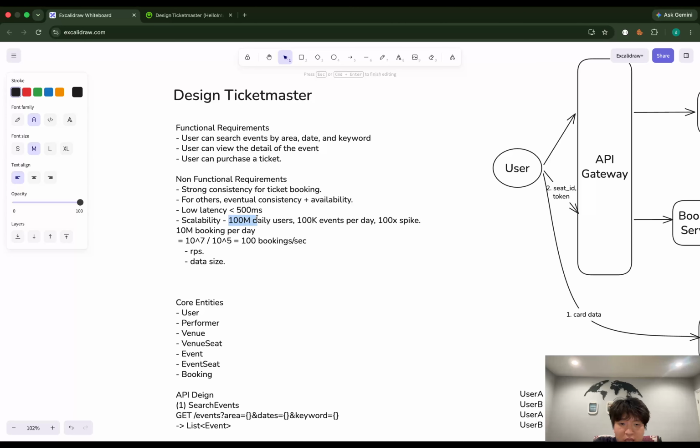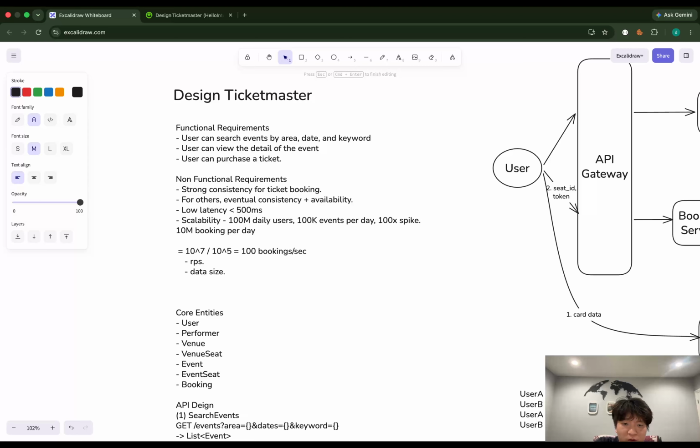And let's say each user makes maybe 10 pages of search or viewing the event. I don't distinguish them for now. I just would say each user makes 10 requests per day.